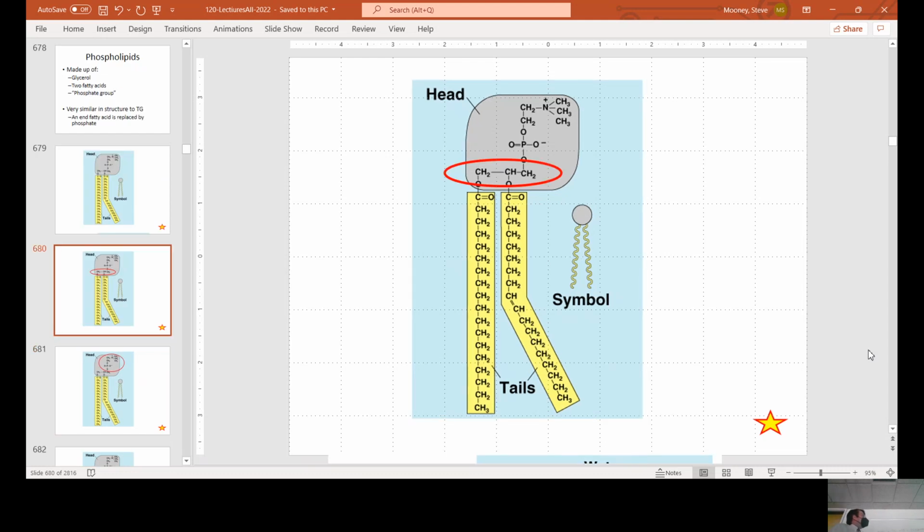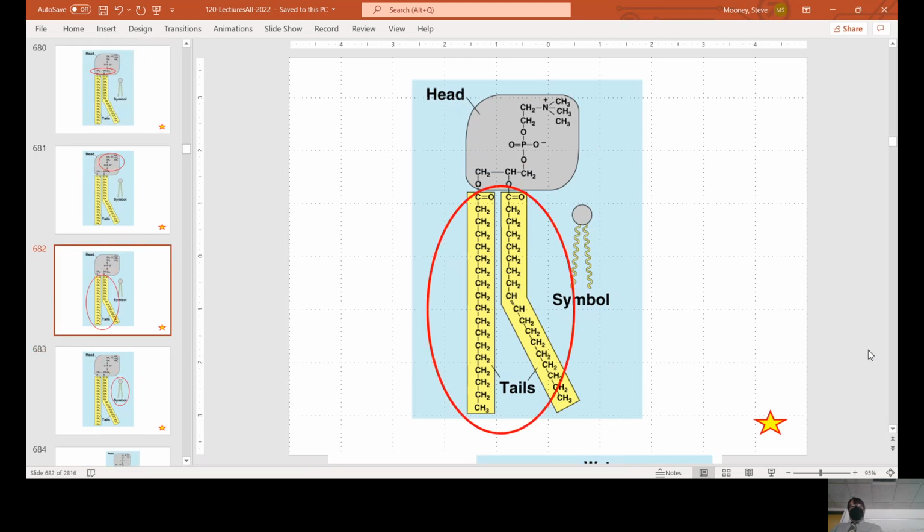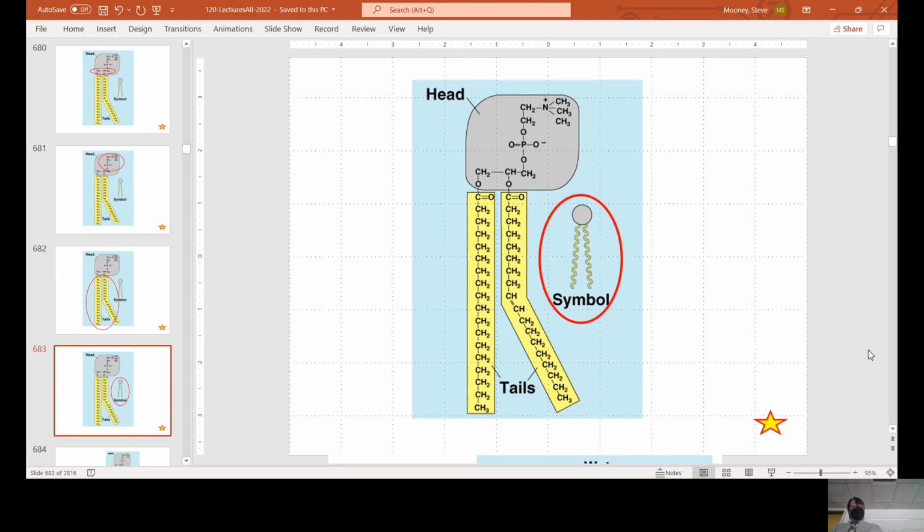So as we said, you've got your glycerol. You've got your phosphate group hanging off. That's got the charges associated with it. And then your two fatty acids, both of which are hydrophobic. There's our symbol.